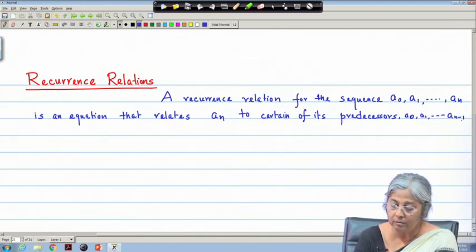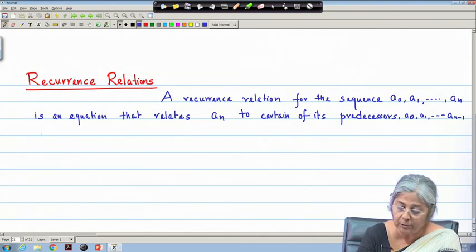Now, we have already read many sequences where this relation exists. One popular example is the Fibonacci sequence.